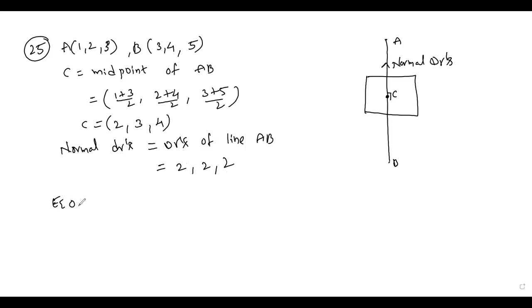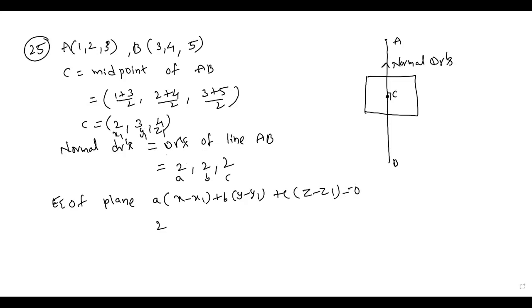Now the equation of the plane passing through point x1, y1, z1 having DRs a, b, c: a into x minus x1, b into y minus y1, c into z minus z1 equal to 0. Here a, b, c are 2: 2 into x minus 2, 2 into y minus 3, 2 into z minus 4.